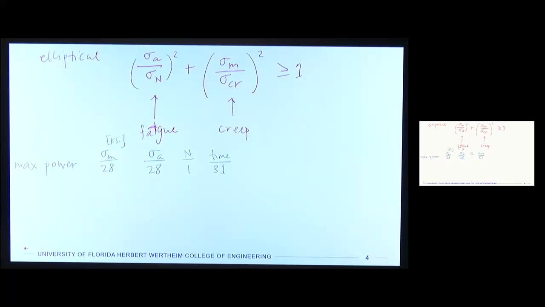going to say generally that at max power, this is going to describe the stress situation. And then generally when we're there, this is going to be the time that is experienced at that setting, okay?